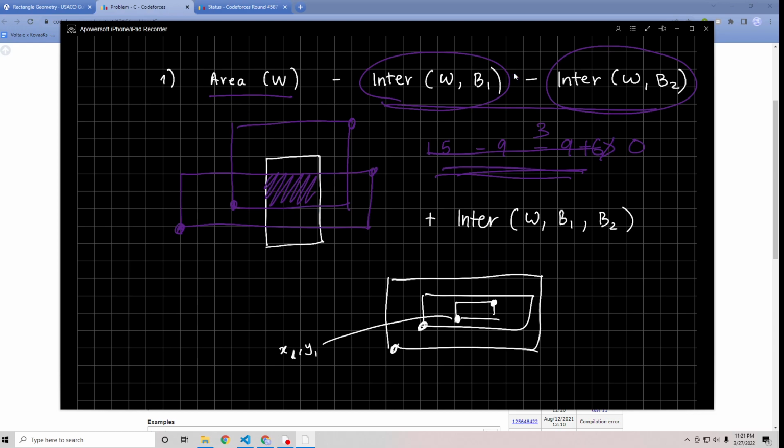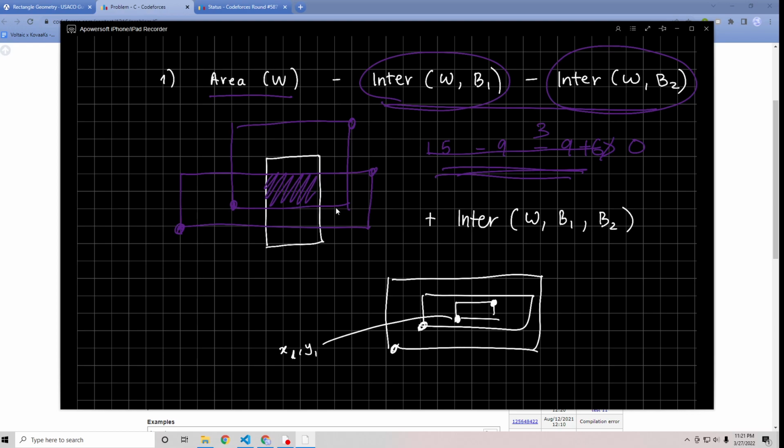It's counted in this subtraction and in this subtraction, which is not what we want. We only want to take this into account as the intersection between the white and black rectangles once, not twice. So we need to add this back again. And then when we do, it works.